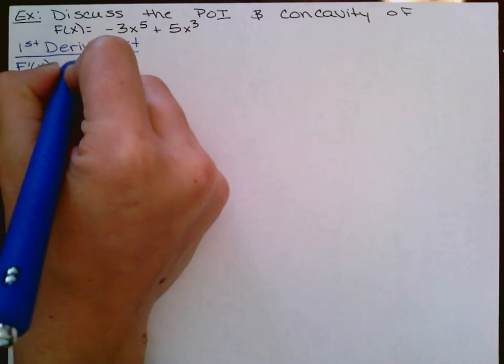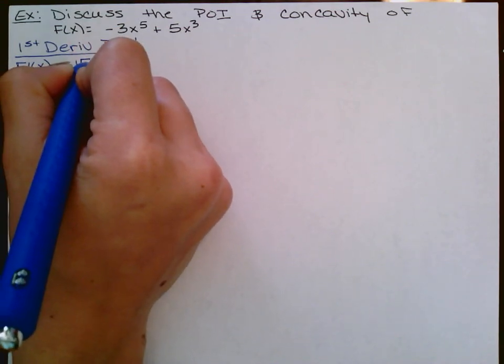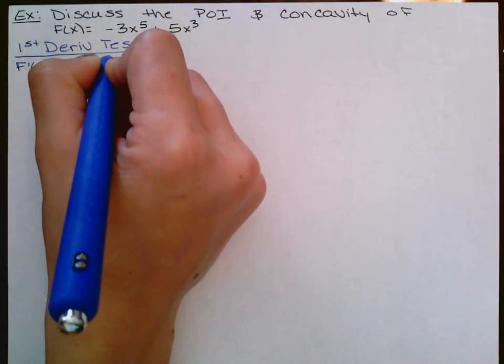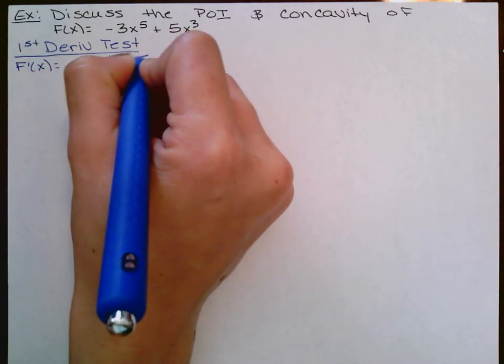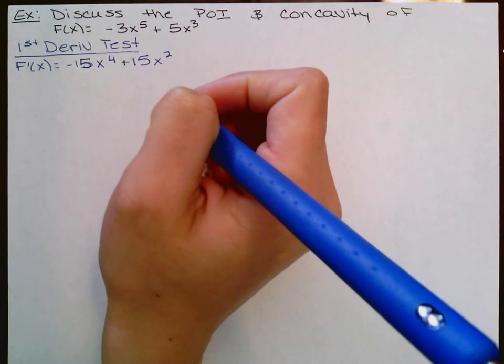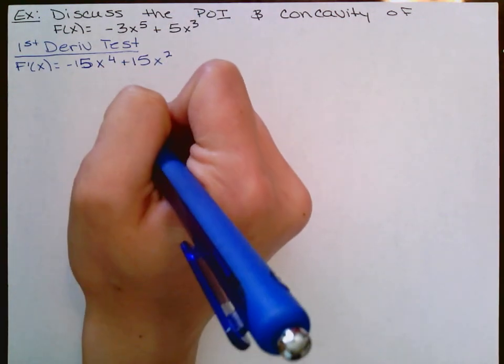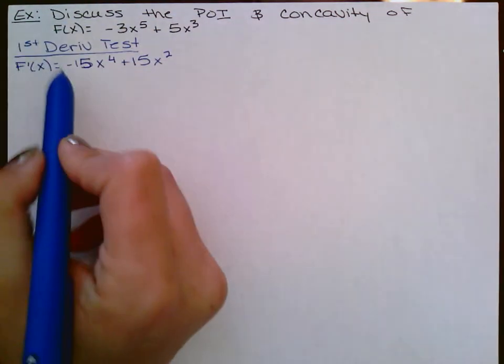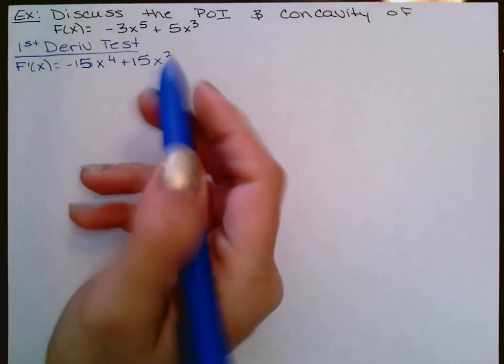We do our power rule. Okay, we can easily factor out here a 15 and an x squared. I personally like taking out the negatives just because I don't like them in the front. It's totally up to you.